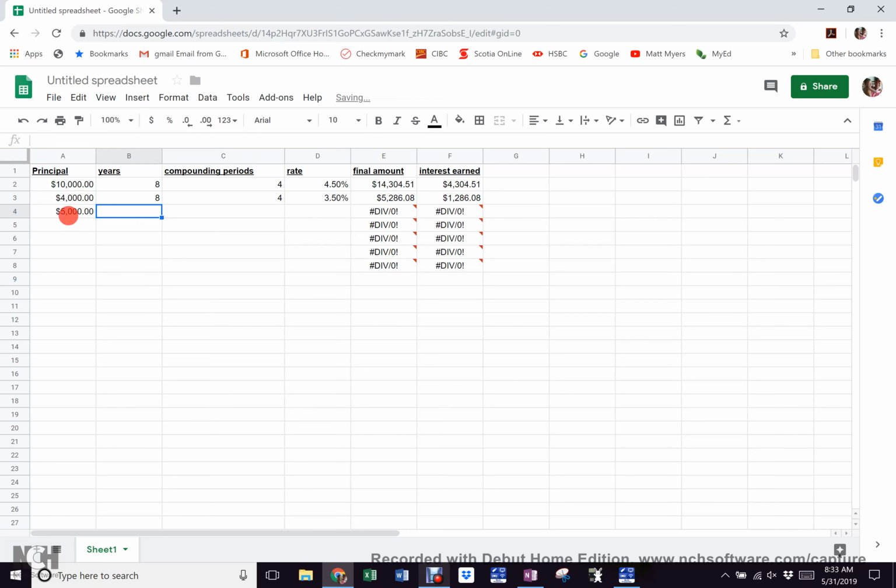My years were 10. My compounding period, there wasn't one. So what do you put? How many times do you think it's getting compounded? Once. Do we have a rate? No. That's what we need. We thought it was 7.2. So when I hit enter, what should final amount say if I've done this right? 10,000.